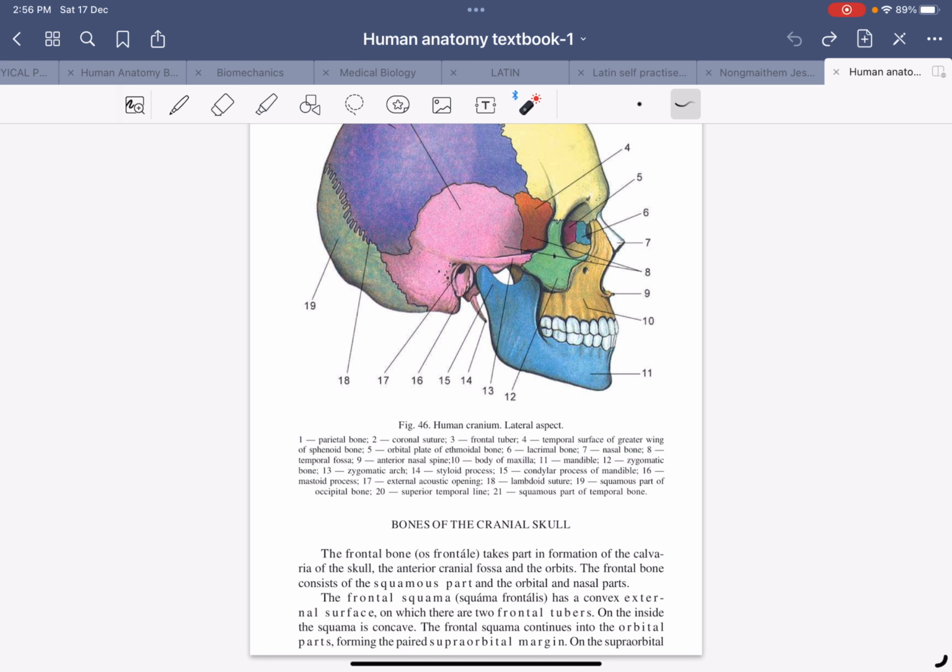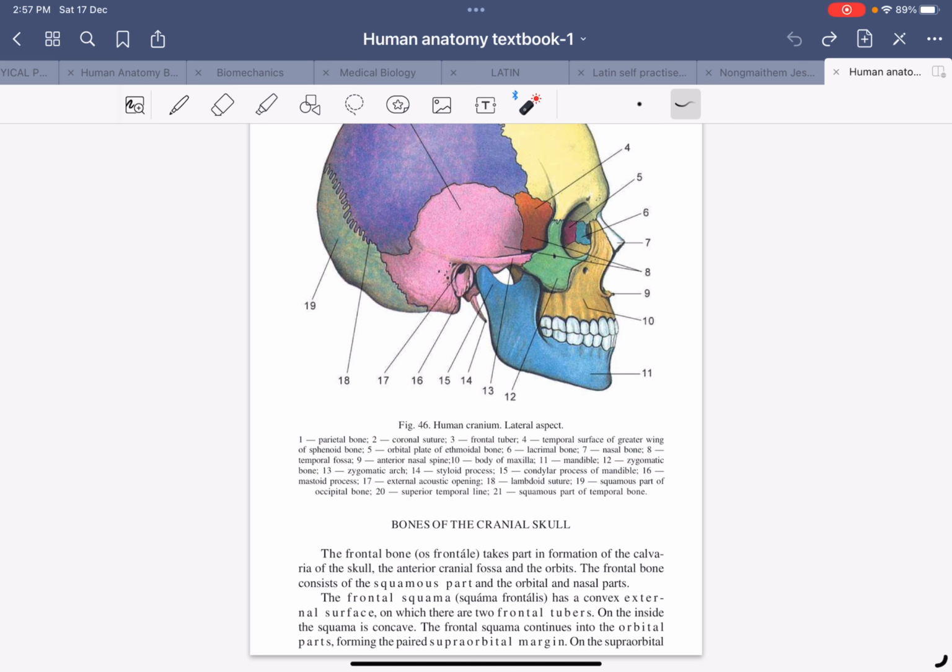supraorbital margin. So what it means is that, as we already discussed, the skull has an anterior portion which contains the orbit and the anterior cranial fossa, which is the orbit portion, and the frontal bone consists of squamous part.